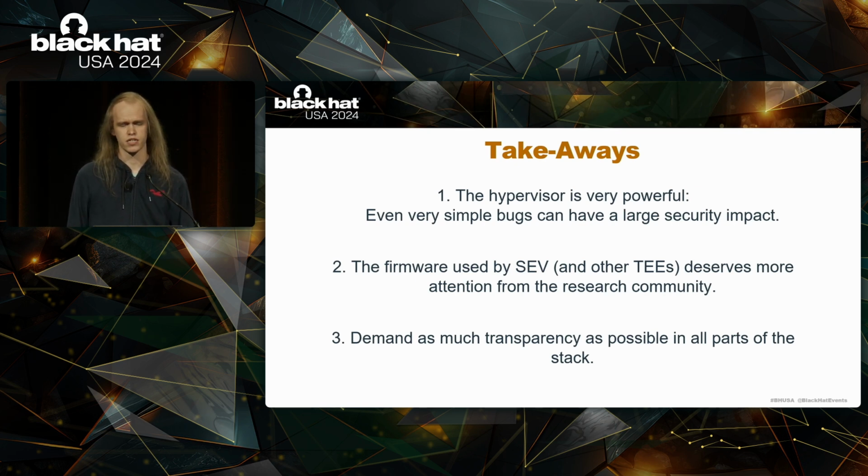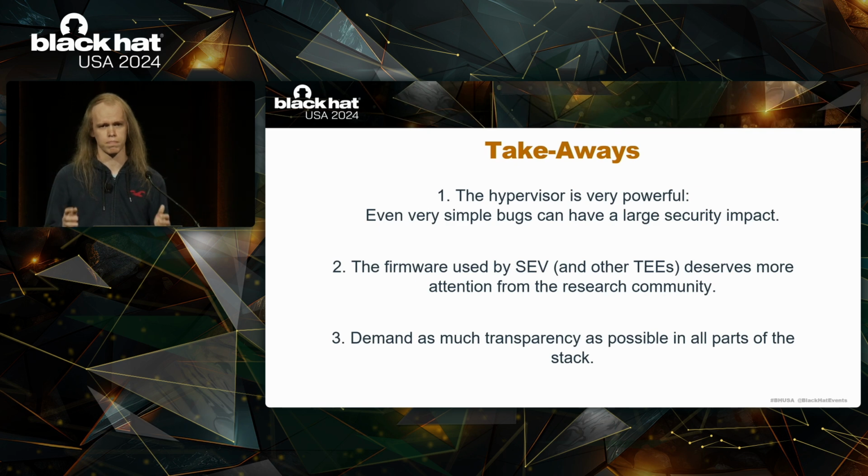And so this brings me to my last takeaway, which is that in order to assess the security of all of those systems, you should really demand as much transparency as possible of all parts of the stack. So obviously, that includes the hardware. Your CPU vendor probably won't give you the schematics for the CPU, but if they can give you the firmware, that's really great.